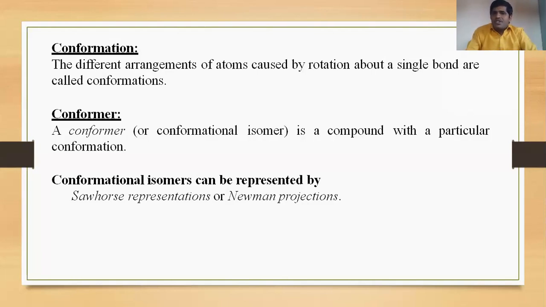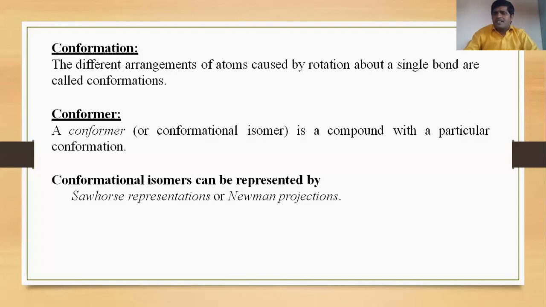And Sawhorse projection and Newman projection represent the conformational isomers. So there are three projections we know: Fischer, Sawhorse, and Newman. Fischer is related to enantiomers, and Sawhorse and Newman are related to conformational isomers. Keep that in your mind.